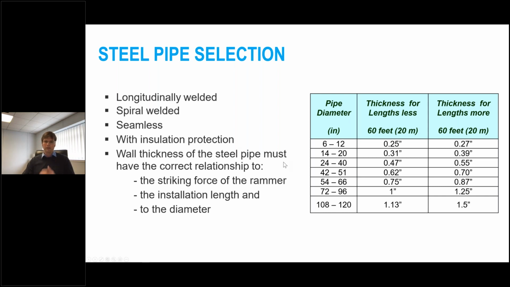Remember, there's in essence brute force going through these pipes, and if the wall thickness is too thin, we may end up destroying, buckling the pipe or flaring the pipe. So wall thickness is important.